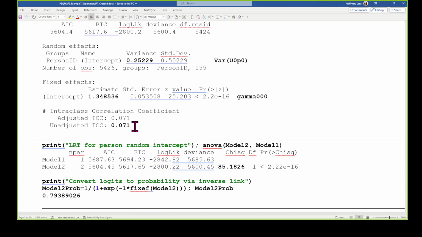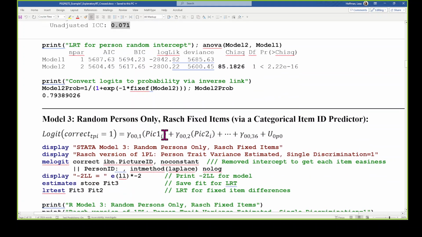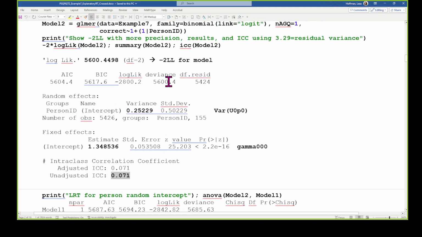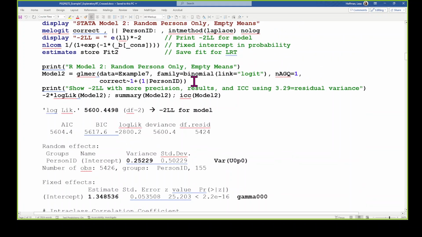So these are item responses, individual trial responses to different items nested within people. So 7% of the variance in accuracy has to do with which person is answering the question. So this is a standard 2-level nested model.